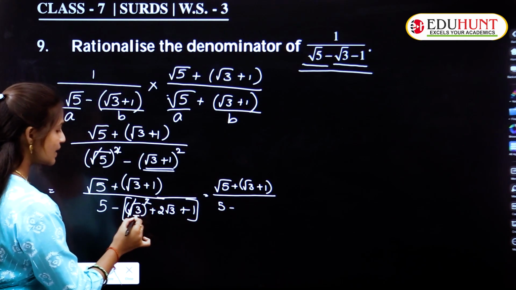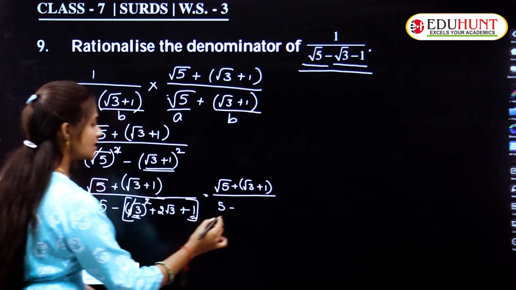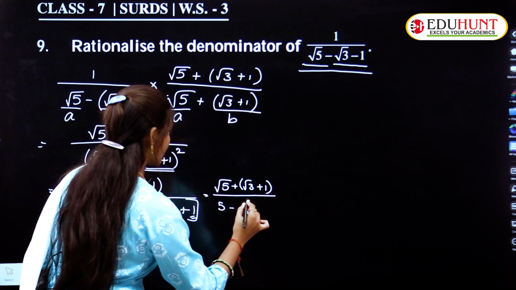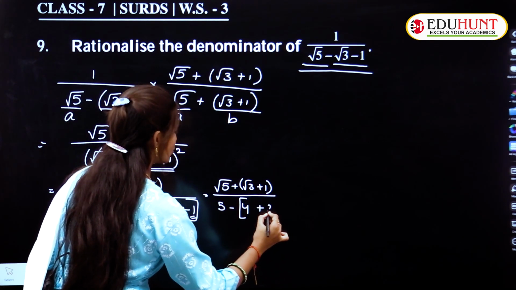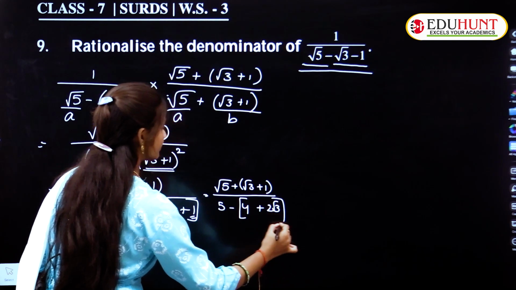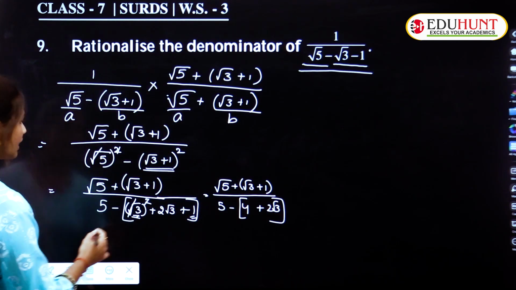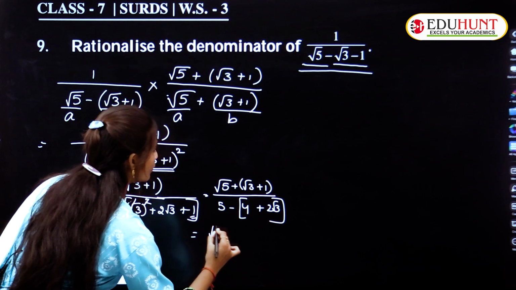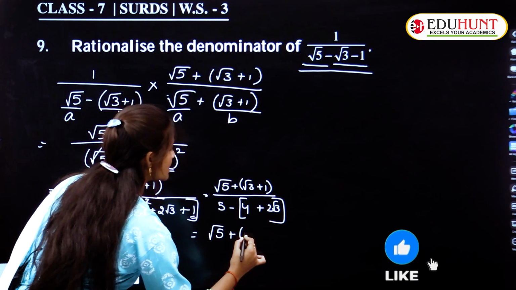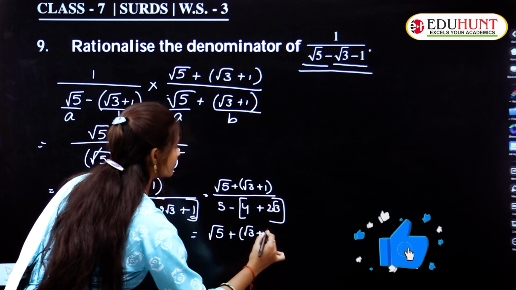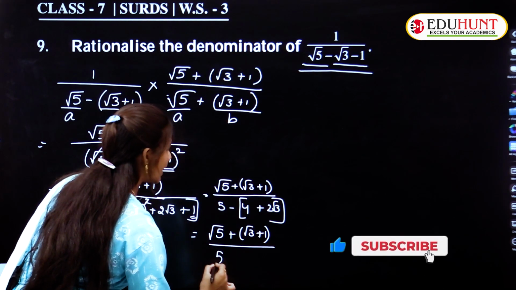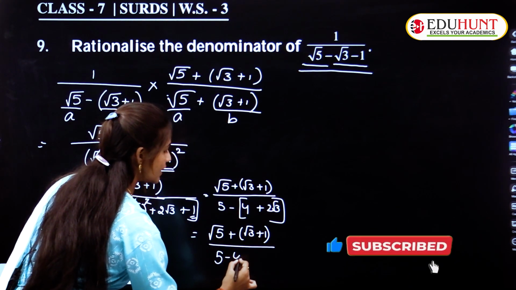Now we are having this one as a 3. So 3 plus 1 is equals to 4, okay, plus 2 root 3. Is it clear? Now here root 5 plus root 3 plus 1 whole by 5 into minus into plus is equals to minus 4.